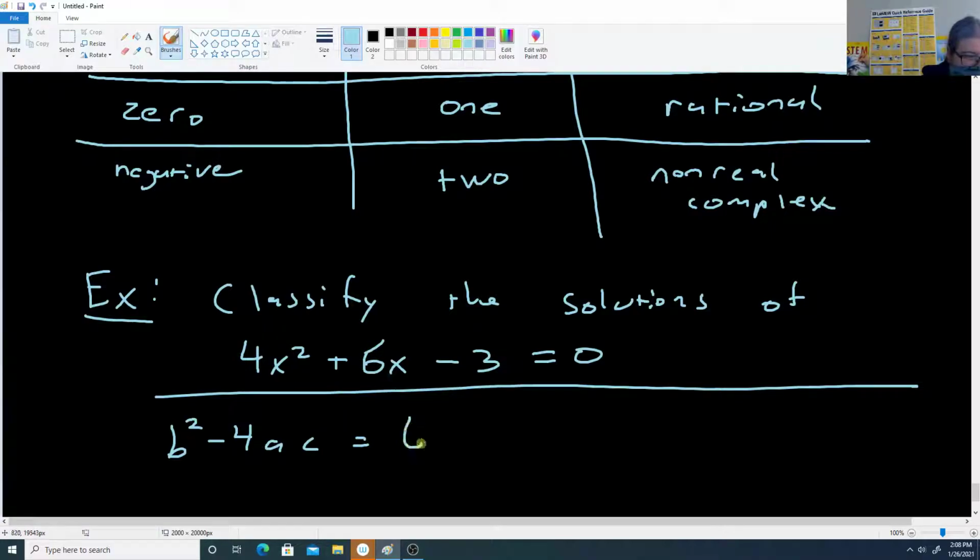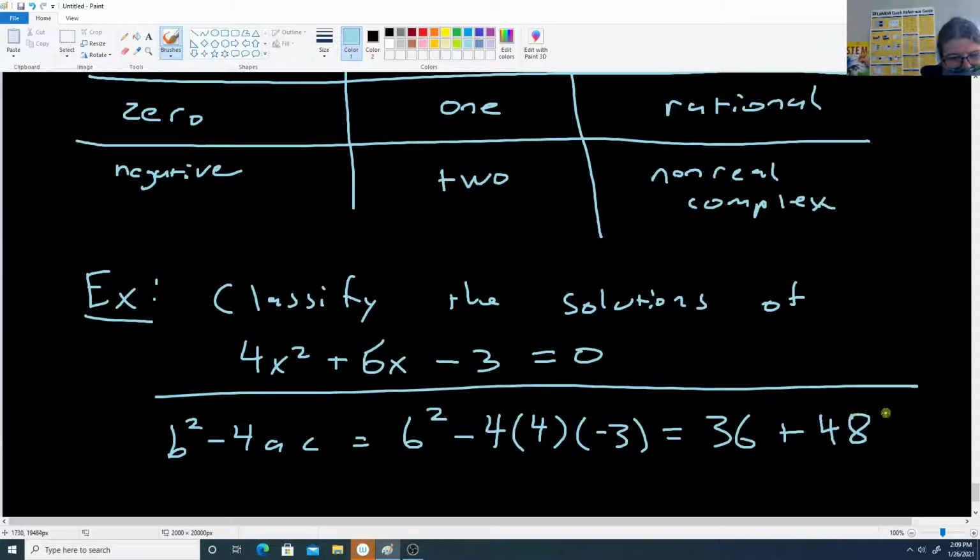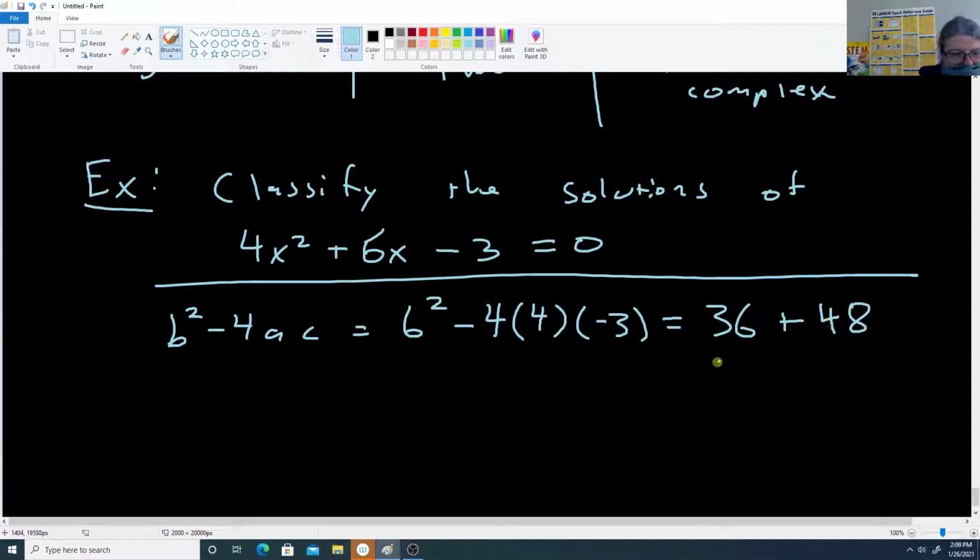B in this case is 6, so we've got 6 squared minus 4 times a, which is 4, times c, which is negative 3. This will be 36, let's see, negative times negative is positive, 4 times 3 is 12, 12 times 4 is 48. So this will add up to 84.